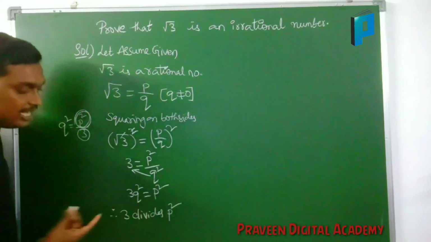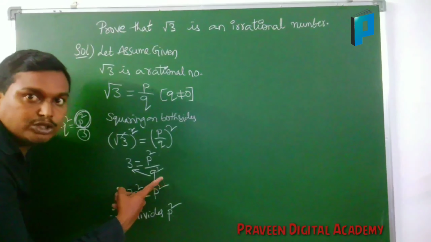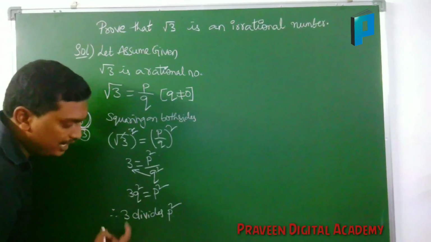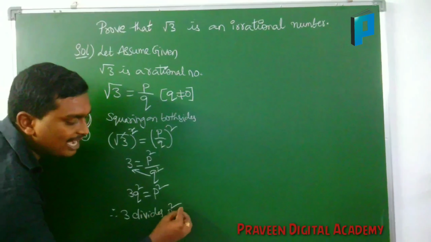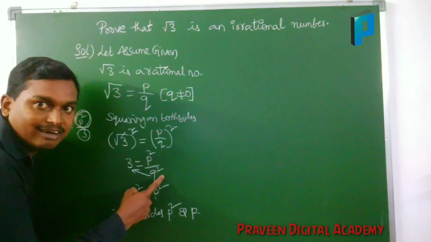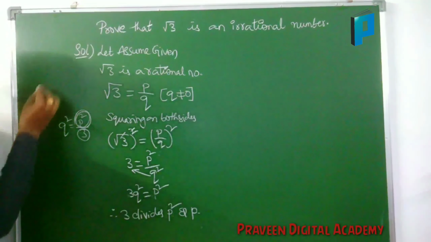If a number divides P square, it will also divide the base. What is the base here? P. 3 divides P square and P. If it is dividing P square, it will divide P also. Example I will give here.